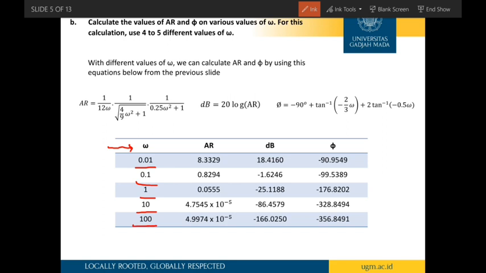With the equation of AR and the phase equation from the previous slide, we insert the omega values that we have picked into these two equations.